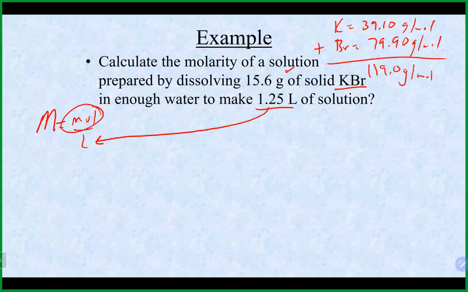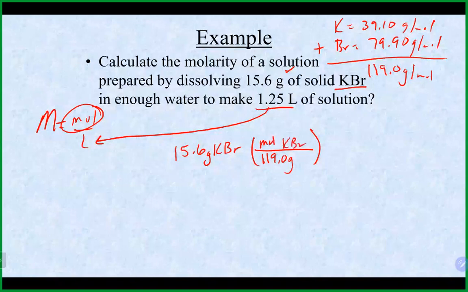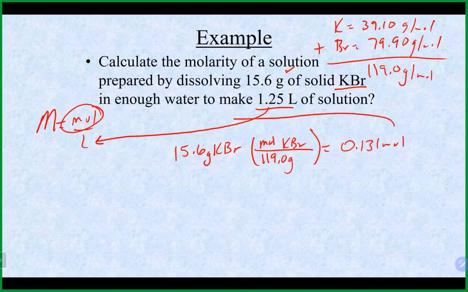So we're going to convert our grams into moles. We'll take our 15.6 grams of KBr and divide it by the molar mass to convert it into moles from the periodic table. That's going to give us 15.6 divided by 119, which we'll call 0.131 moles, which is really the top part of what we need.